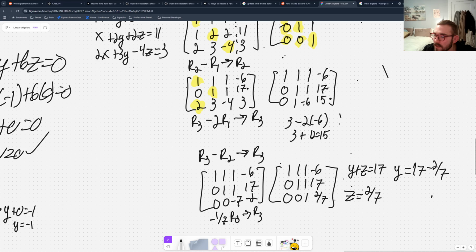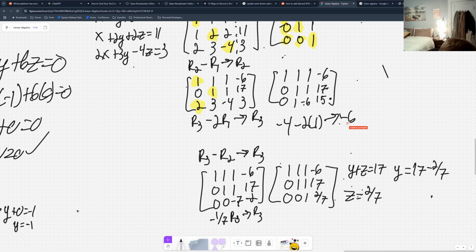And then we did 3 minus 2 times, this is where we were wrong, right? I made a mistake here. But it's recoverable. We did, so the last two are negative 4 minus 2 times 1 is negative 6.